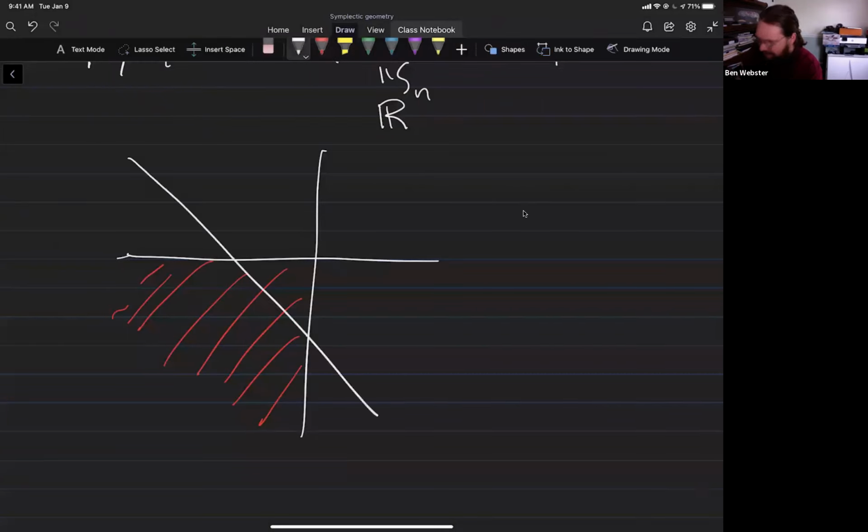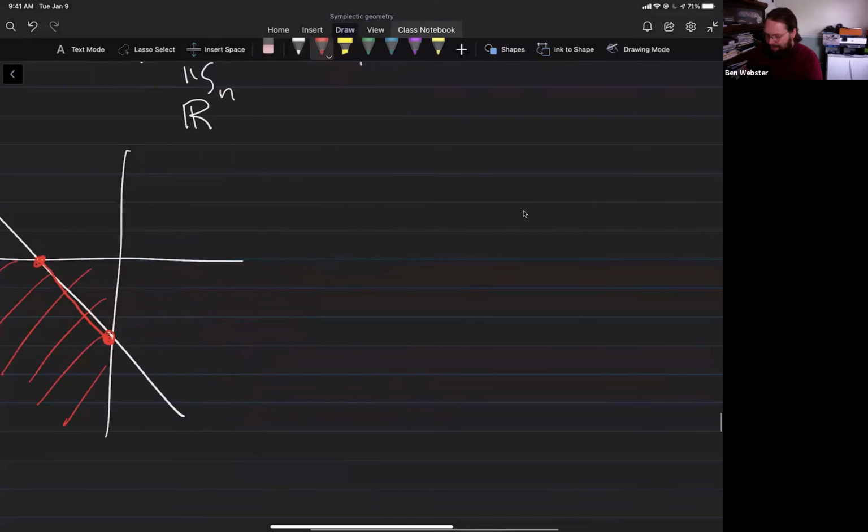Then I take an affine subspace like this, and indeed, the intersection of that with the negative orthant is a line segment. I can upgrade this a little bit. The simplex that we talked about for CPN is relatively easy to construct this way.